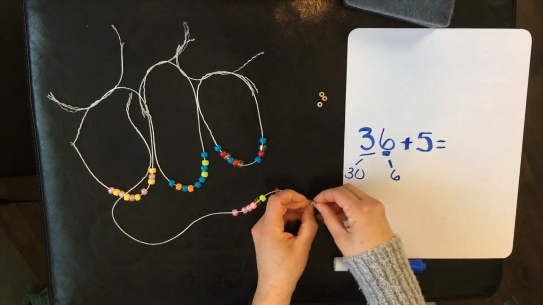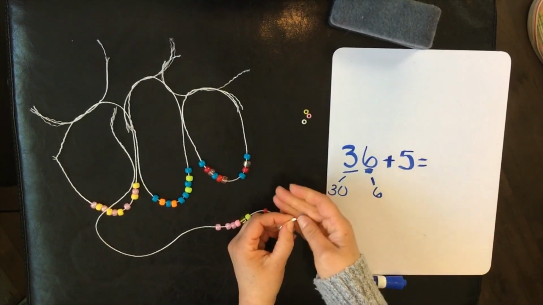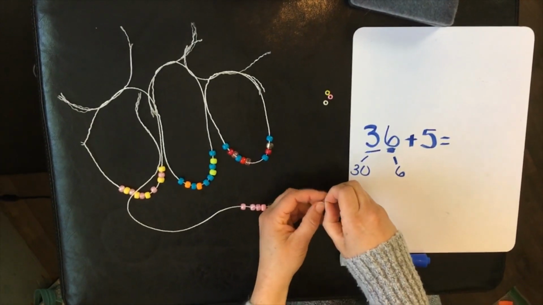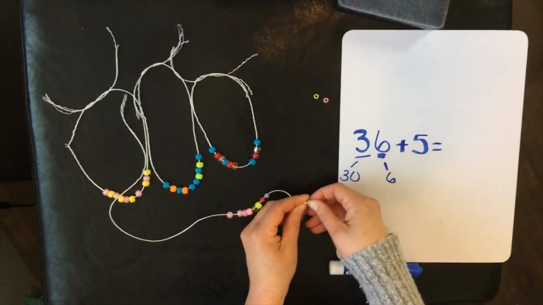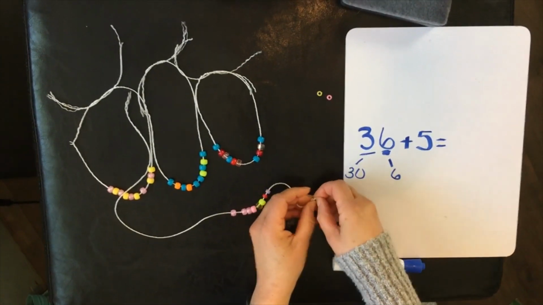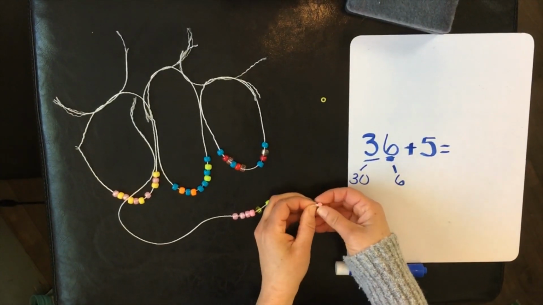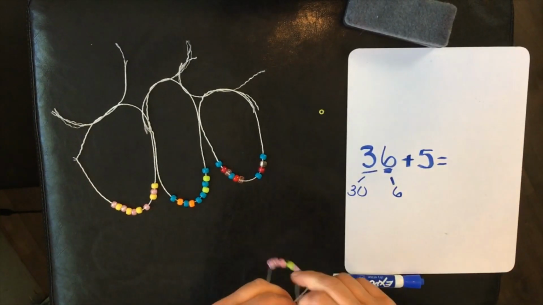It's a little bit harder to get on these. 8, 9, and 10. Come on, little guy. All right, there's my next group of 10.